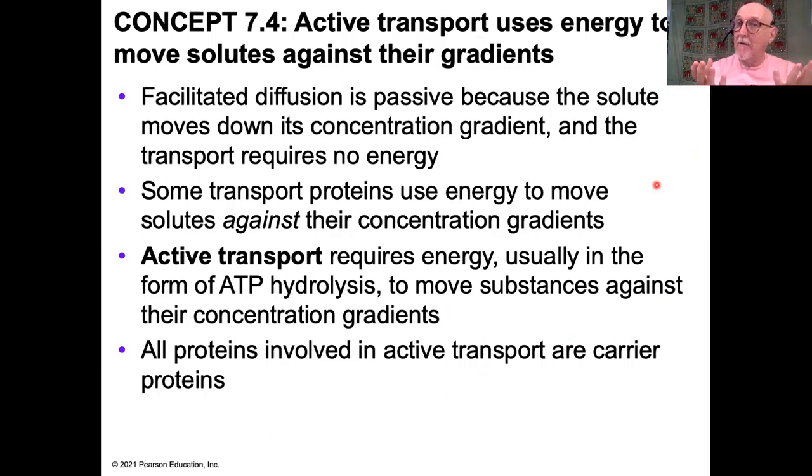This is quite common. The cell is going to have to do this all the time. And if the cell needs to do that, it is going to need to put in energy. Whenever we need to move a solute against its concentration gradient, we have to put in biologically useful energy. And that energy is derived from ATP.